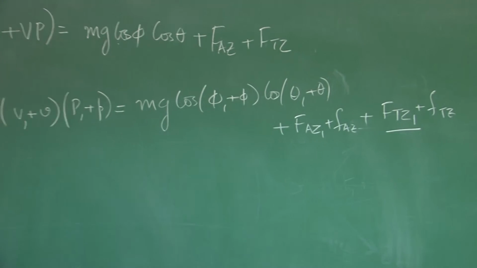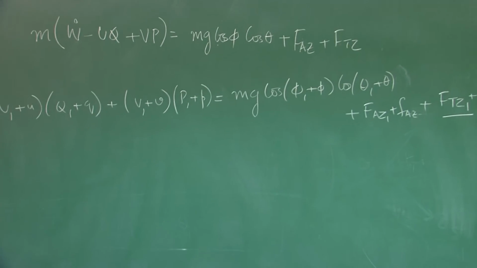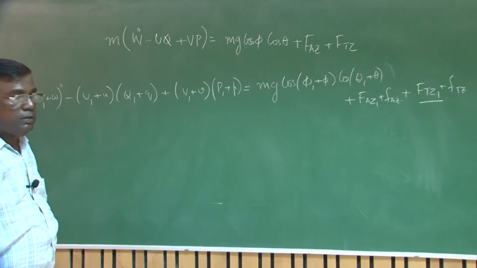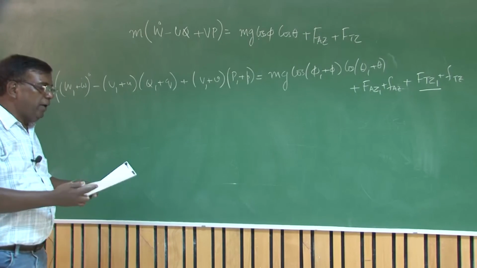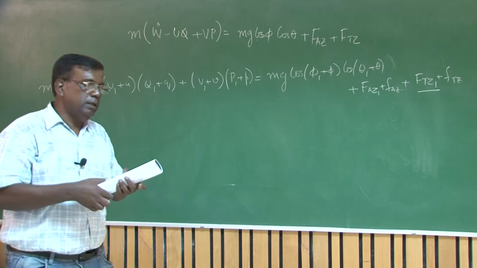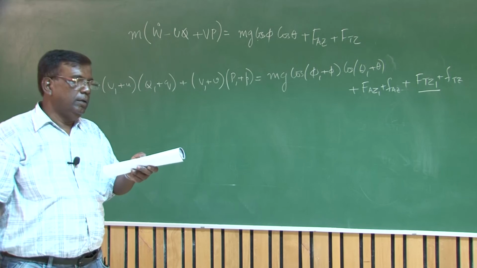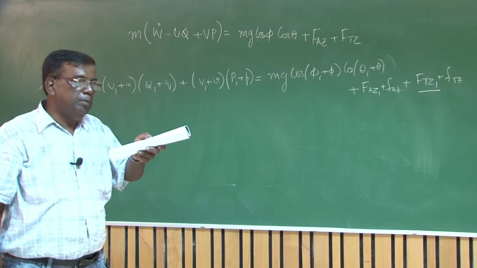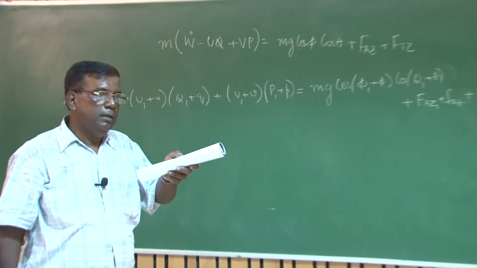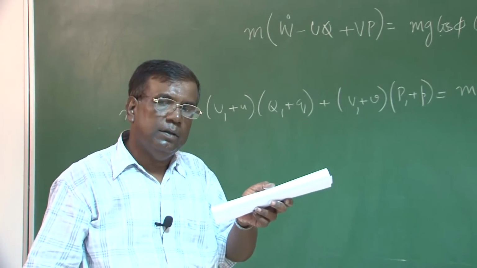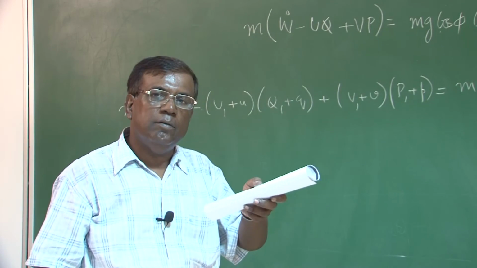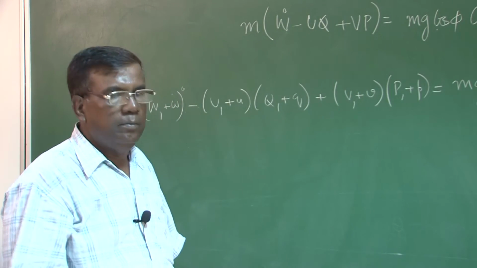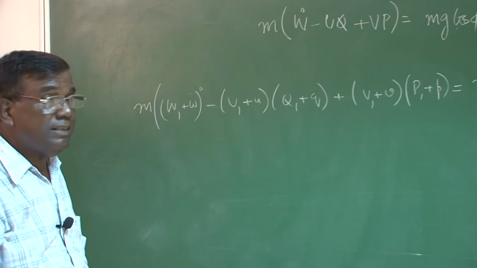f_tz means it is from the propulsion. I am talking about the thrust. Many times you will find the engine setting may not be exactly parallel to the reference axis. There will be some angle towards the left. That's why there will be a component of thrust coming from the engine itself at steady state.